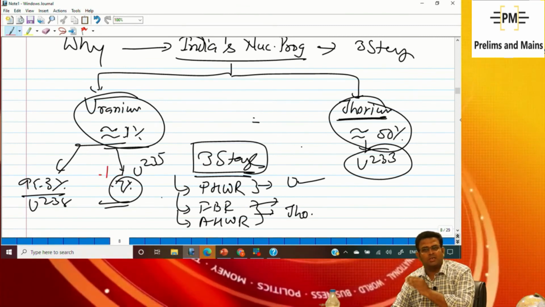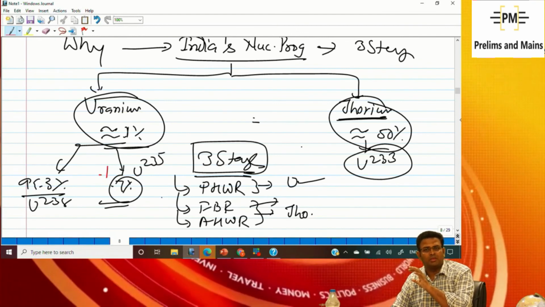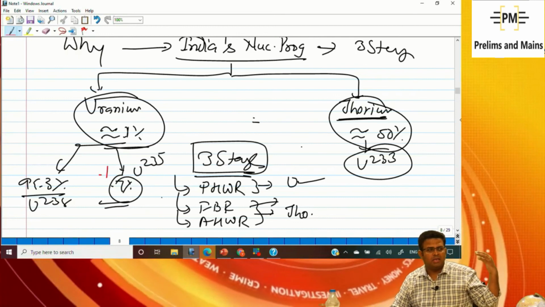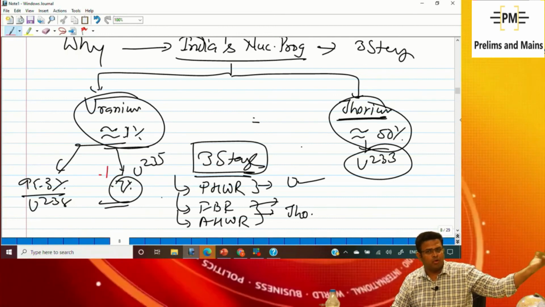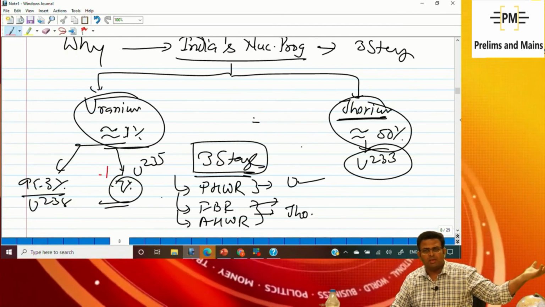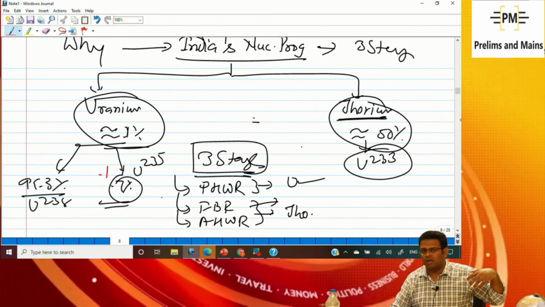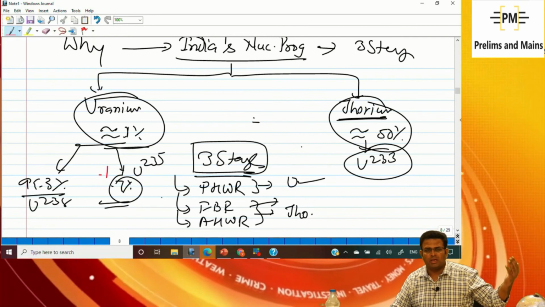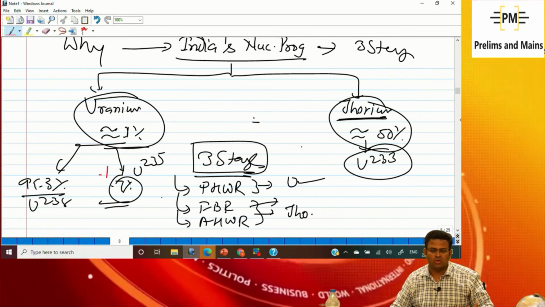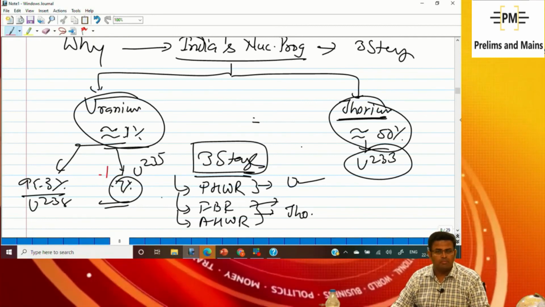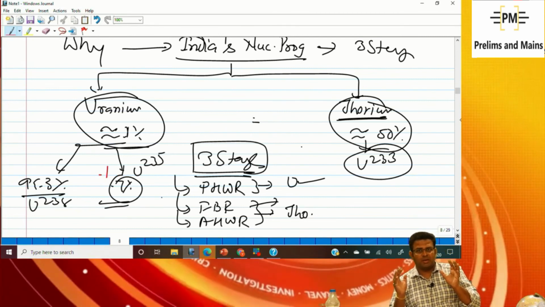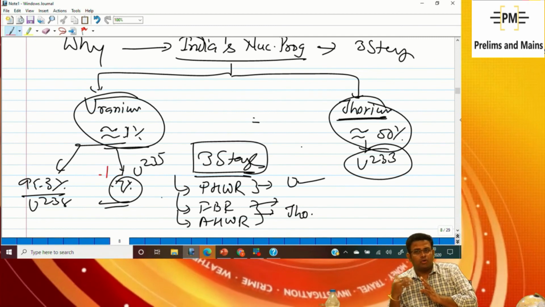The second stage and third stage are based more on thorium, because we have more thorium, and if I am importing uranium, there is some limit to importing uranium because it is also costly, it is not a cheap one. So if India has a resource, then I should utilize it. So uranium 1% and thorium 50%, and the technological aspect make India follow the 3-stage program.